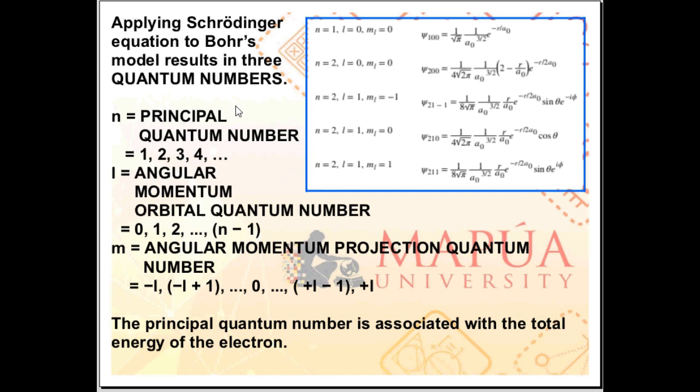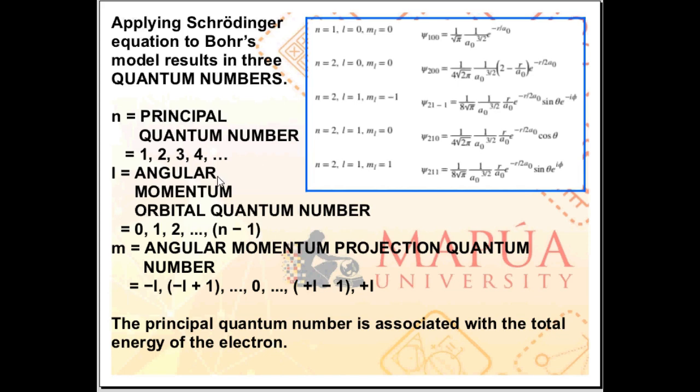As such, we have the principal quantum number n, where n is equal to 1, 2, 3, 4, 5, and so on. The angular momentum will also be shown to be quantized.